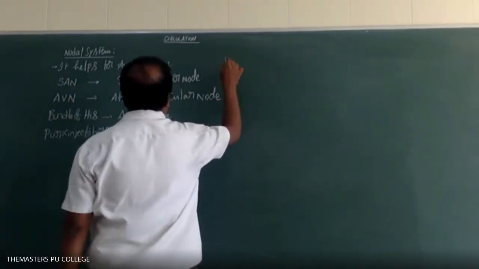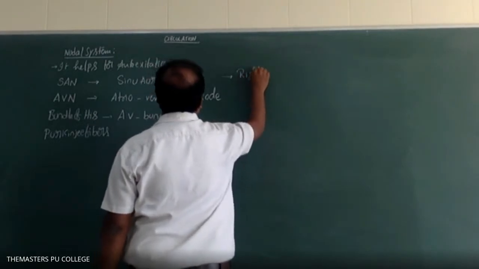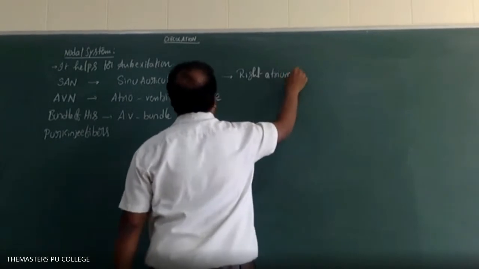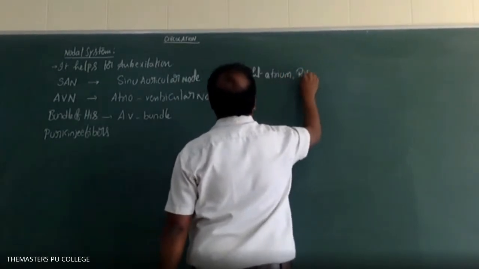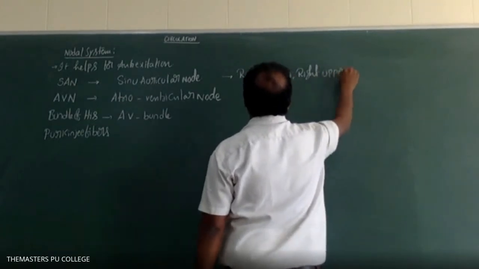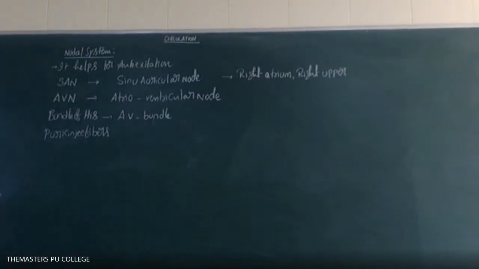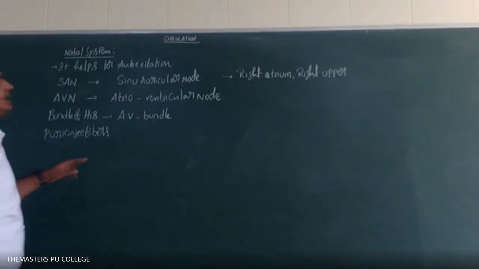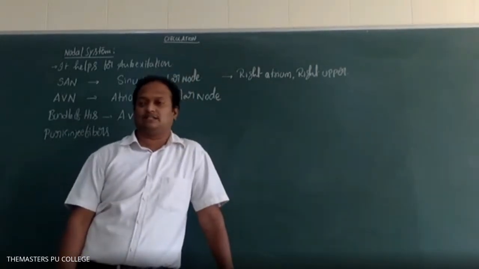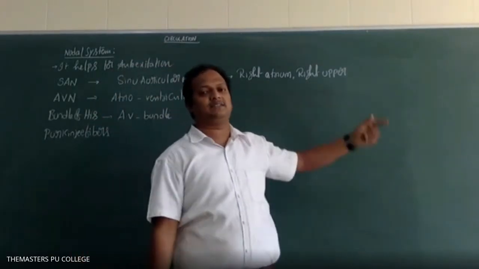The SAN is located in the region of the right atrium, in the right upper side. The location of SAN: right atrium, right upper side.